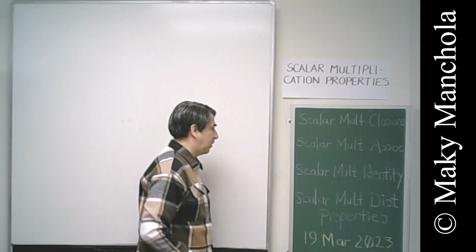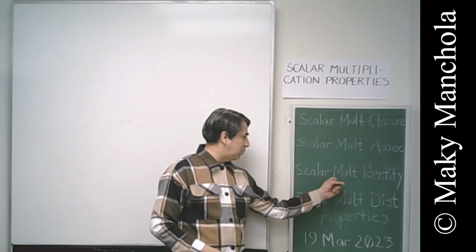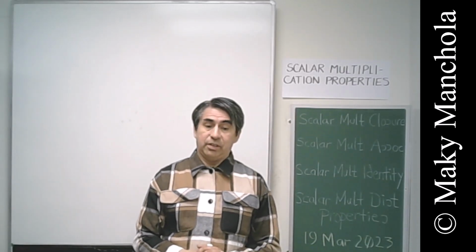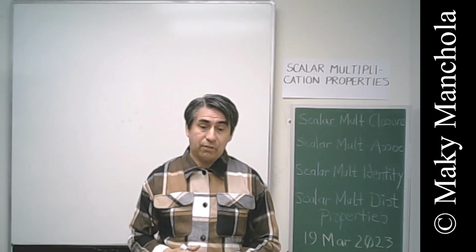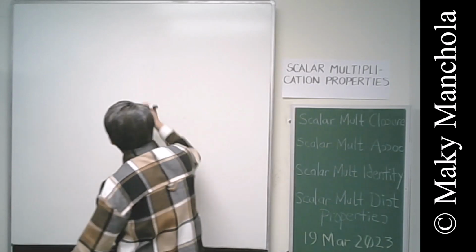Now we verify our third property, that of scalar multiplication identity. So there is an identity element in scalar multiplication, 1, the real number 1. So very easy to verify.